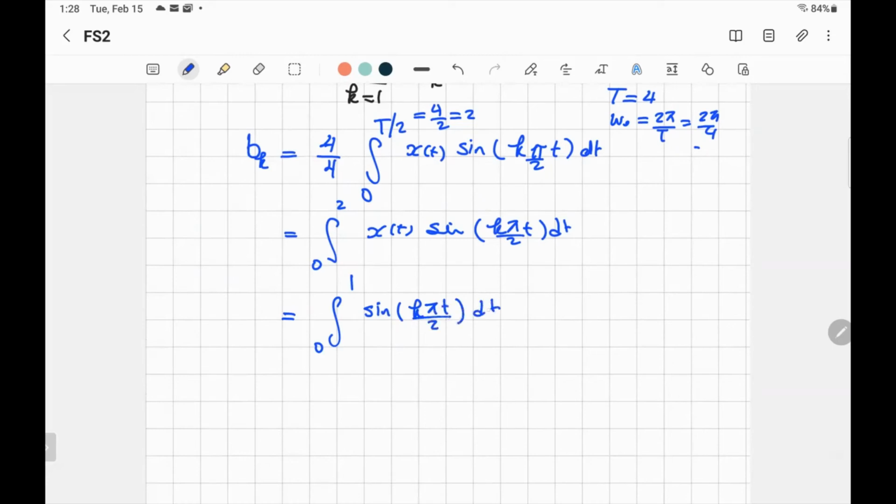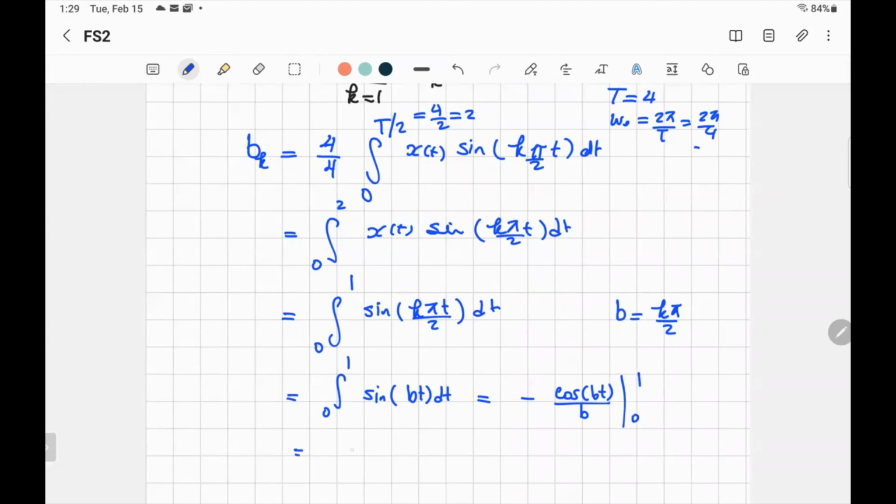So in the end, I want to integrate this function. You can always simplify everything. I'd like to call b equal to k pi over 2. So I will write it as the integral from 0 to 1 of sine bt dt. What is the integration of sine? Negative cosine bt over b, and the integration is from 0 to 1.